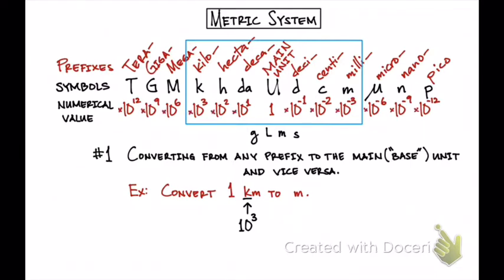So if you put a kilo in front of a meter, that means you're multiplying that meter with 1,000, or 10 to the third power. And so if you substitute that number for the prefix, we replace K with its numerical value, then you're looking at 1 times 10 to the third power meter. This is basically equivalent to 1,000. So 1 kilometer is equivalent to 1,000 meters.